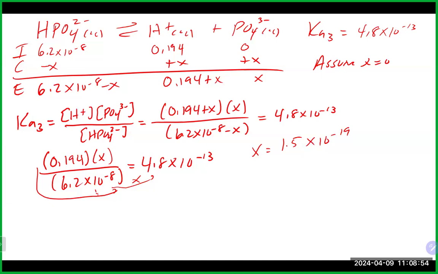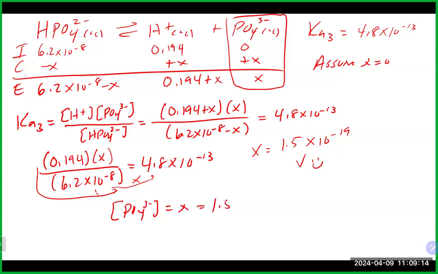We could check it by dividing by 0.194 and multiplying by 100, and we're nowhere near 1%. So the check is good here. That means that if we go to our table, that's going to be our phosphate concentration. So our concentration of phosphate will equal X, which in this case is 1.5 times 10 to the minus 19 molar.